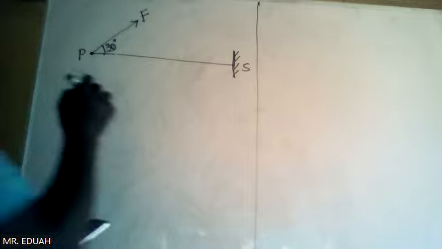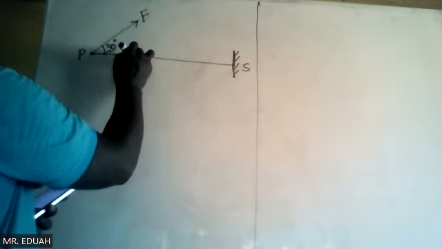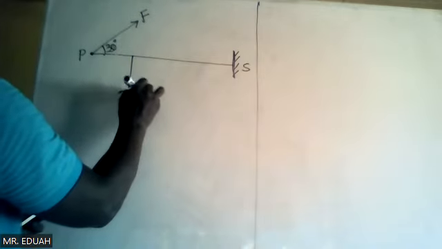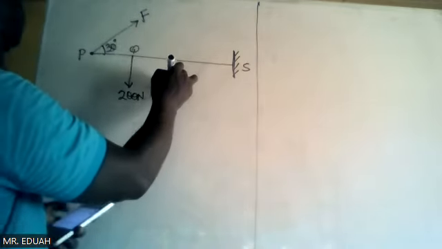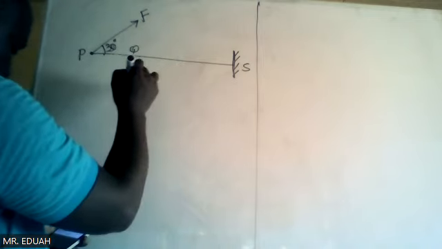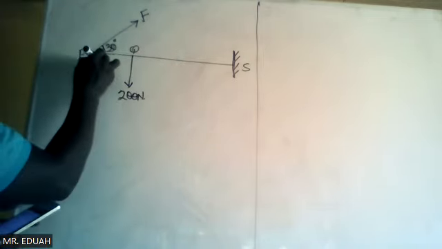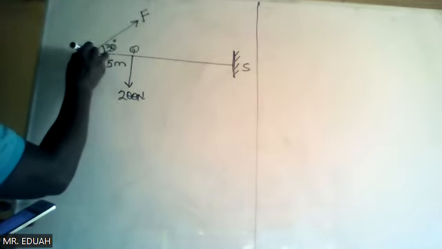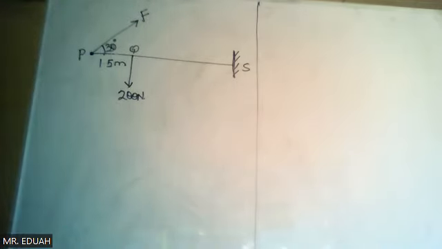Then we have a force of 200 Newton at Q. This 200 Newton force is at a distance of 1.5 from the point P where F acts.